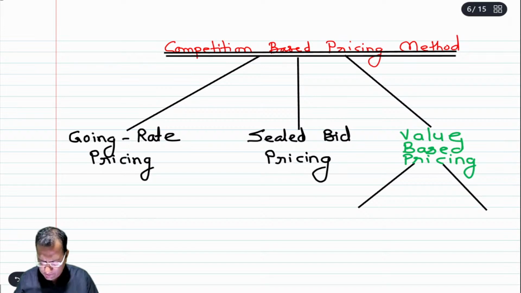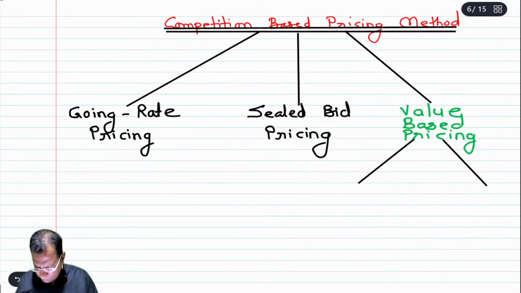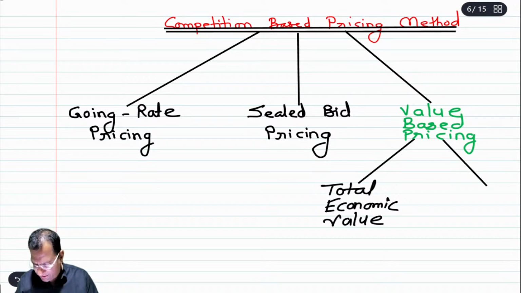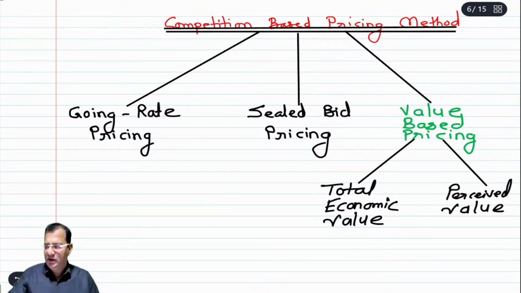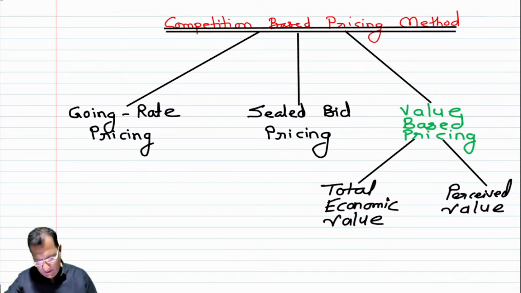The first method is total economic value, and the important second one is perceived value. Please draw this diagram in your copy, and then we will start discussion regarding each and every terminology.